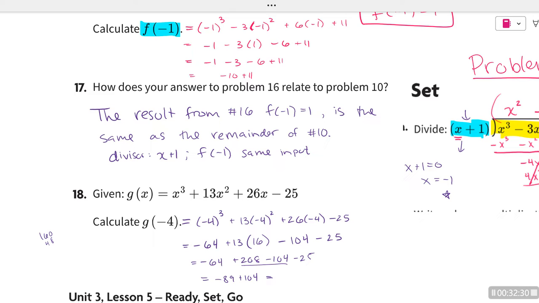That's just the order that stood out to me right away. But if I do that, I end up with positive 15. Yeah, positive 15. Okay, so g of negative 4 is positive 15.